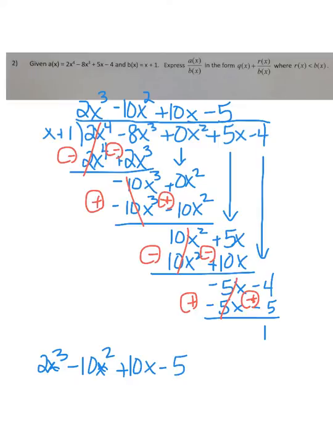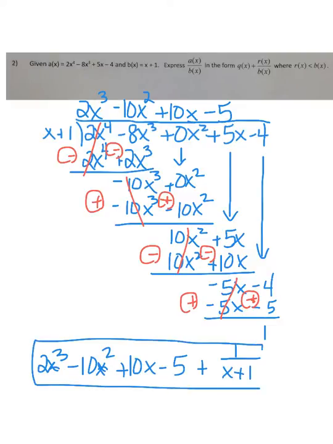That 1 is a positive 1, right? So we're going to write plus the remainder over what we divided by, which is x plus 1. So this is our answer in the form of q of x plus the remainder over what we divided by. Okay?